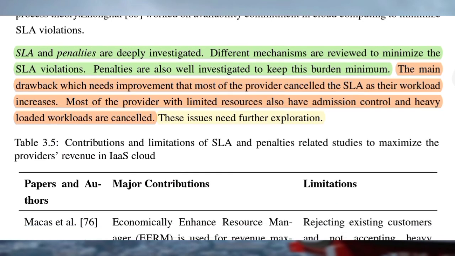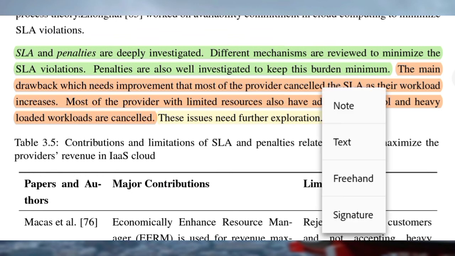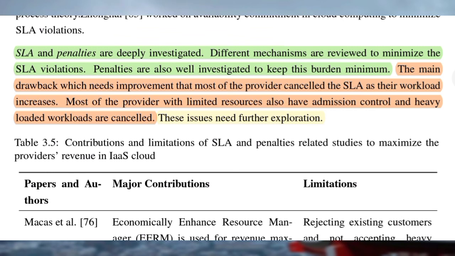SLA penalties are deeply investigated. Different mechanisms are reviewed to minimize the SLA violation. Penalties are also well investigated to keep this burden minimum. So these are the positive points in the literature. However, what are the drawbacks? What are the limitations? The main drawback which needs improvement is that most of the providers cancel the SLA as their workload increases.